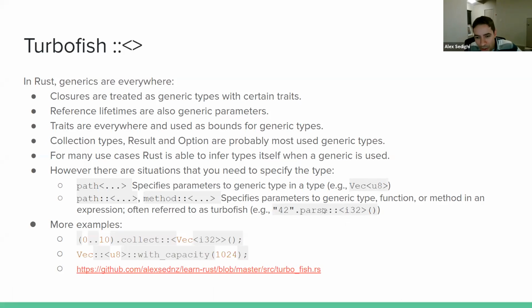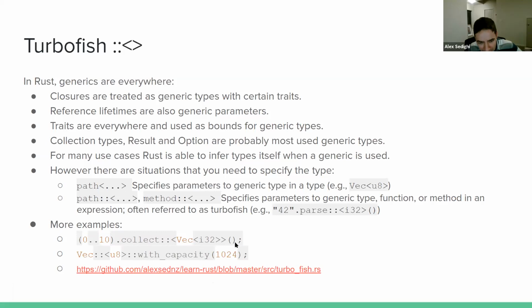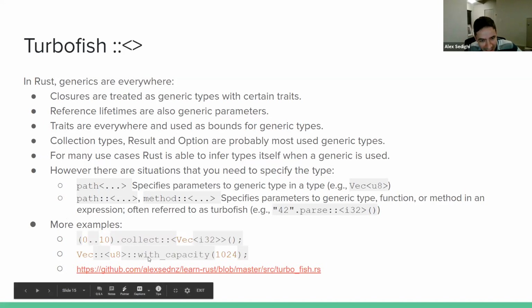Then you need to use a thing that is similar to this symbol, and it's called turbofish. And there are more examples of that. Again, here, turbofish is used. Interestingly, this is an expression. Inside this expression, you needed to use turbofish, for example, and you pass the type.